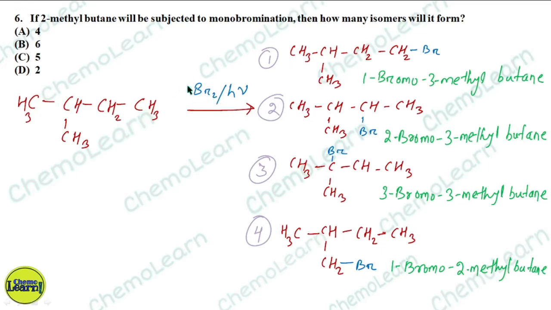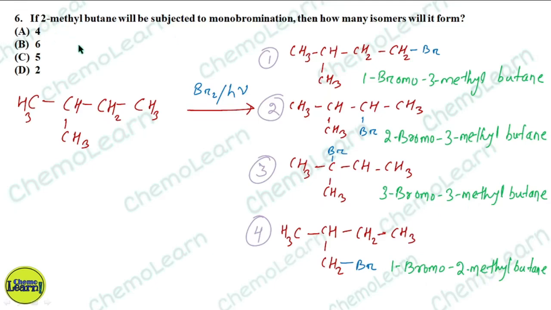So bromine will be added to this carbon atom, this carbon atom, this carbon atom, and these two carbon atoms are similar. So we have 4 products, 4 isomers, that is 1-bromo-3-methyl butane, 2-bromo-3-methyl butane, 3-bromo-3-methyl butane, and 1-bromo-2-methyl butane. So the correct option will be A, that is 4.